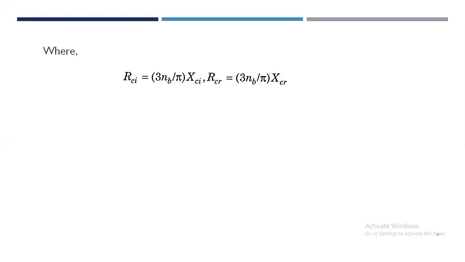XCR and XCI are the leakage reactance of converter transformer in the rectifier and inverter station respectively.